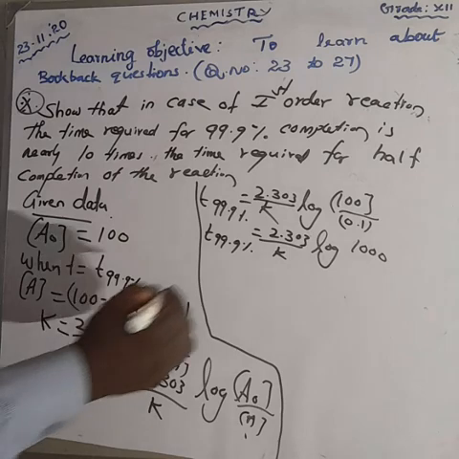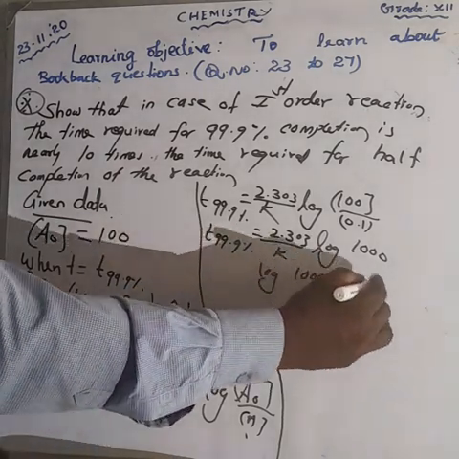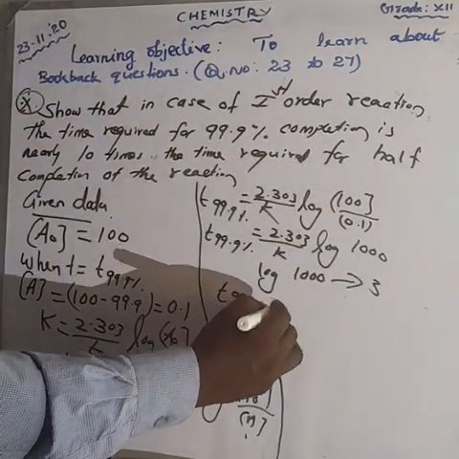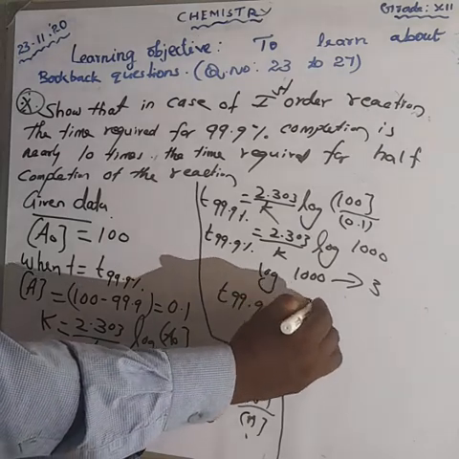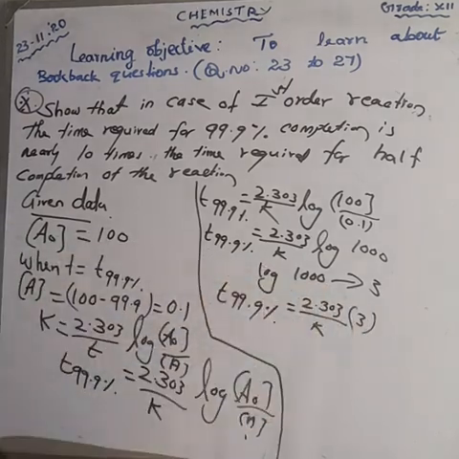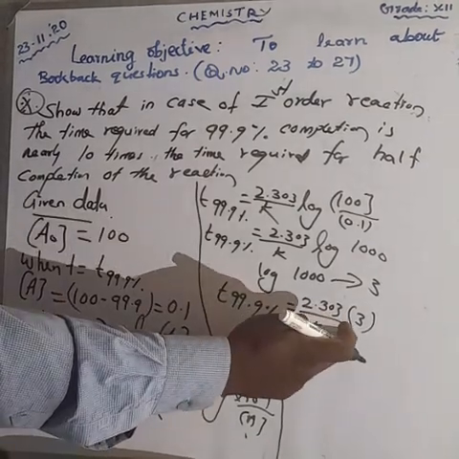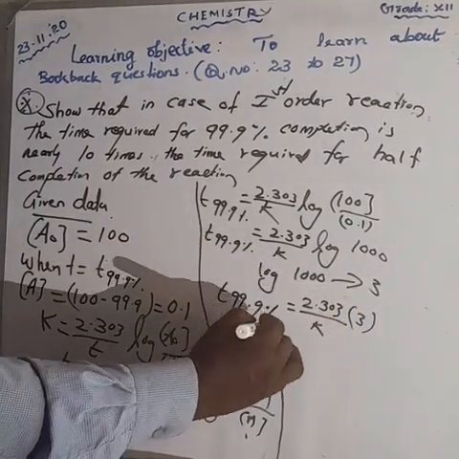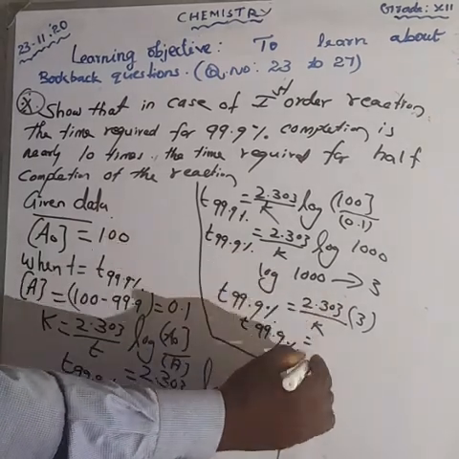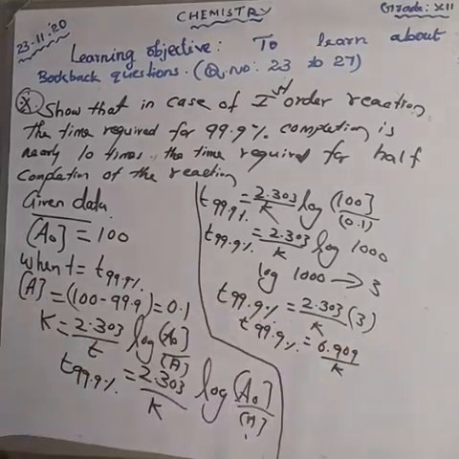Log 1000 is 3. So 2.303 by K into 3. Multiplying by 3, we get 6.909 divided by K.